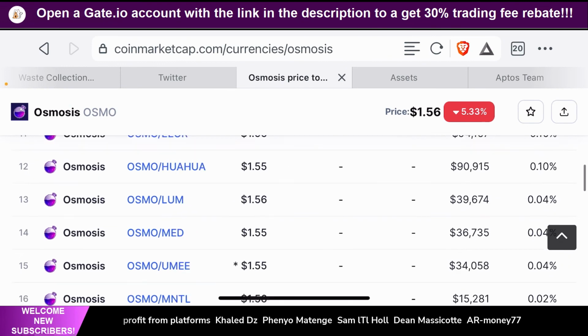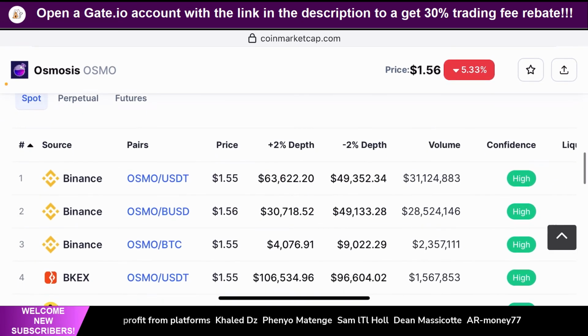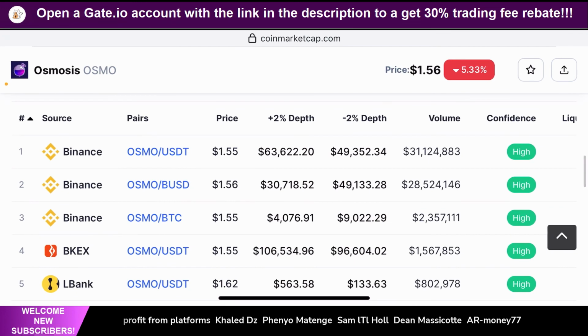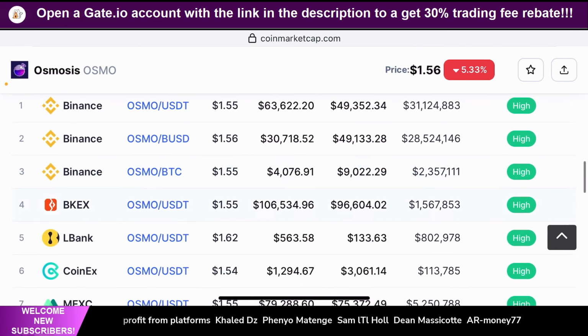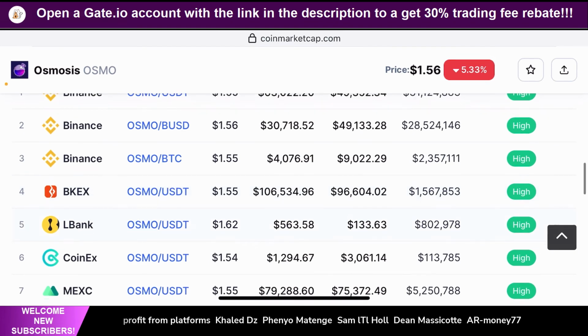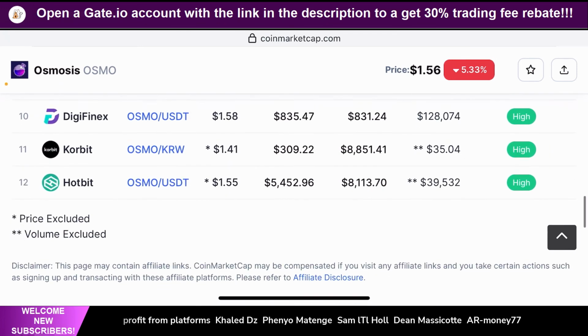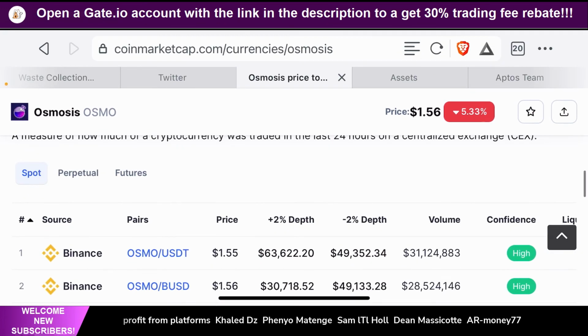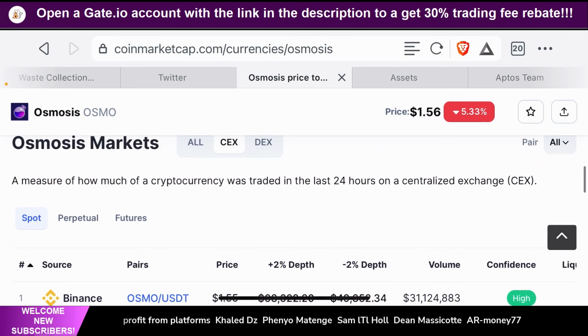But if you take a look at the centralized exchange options on CoinMarketCap's page, you can see Binance probably is the main and the only major exchange that has listed this token as a popular centralized exchange, right? Every other exchange, you need to take it with a grain of salt, with the exception of MEXC. Binance is the only major exchange apart from MEXC that has listed this token on a centralized basis.